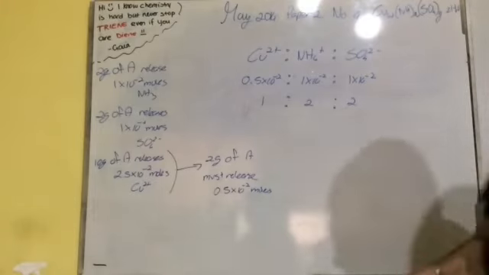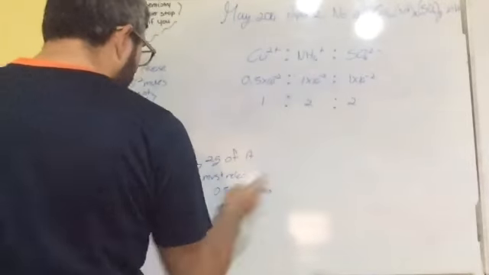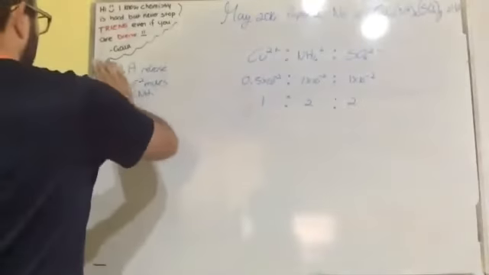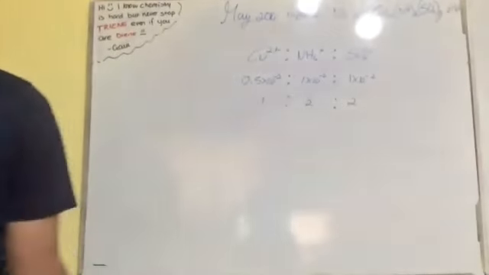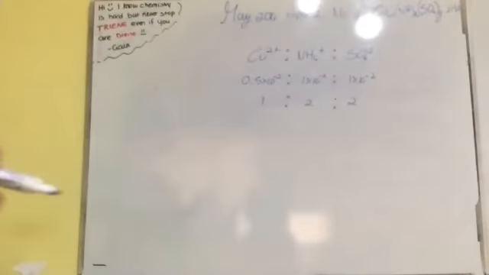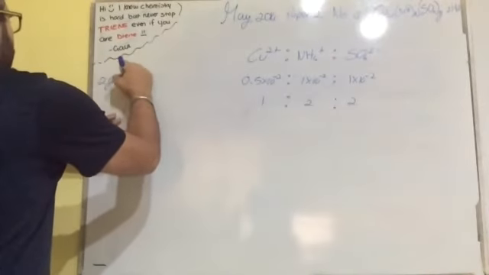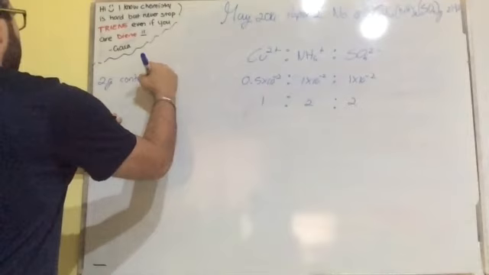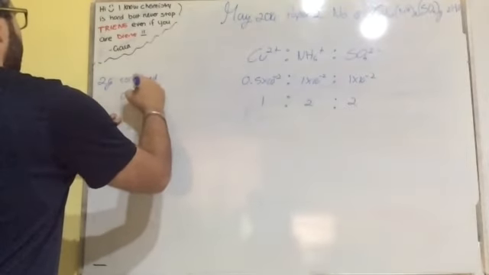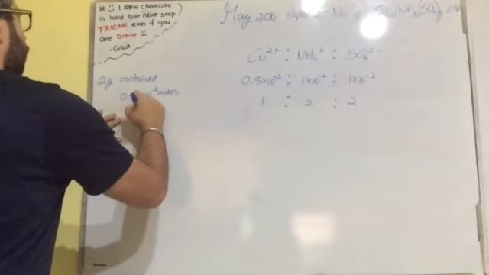The way to find the numbers at this point is simply by trying different numbers, okay? And I would recommend starting with 1, 2, and 2, and trying to get the number of moles in 2 grams, okay? So realize that 2 grams contained 0.5 times 10 to the minus 2 moles Cu2+.